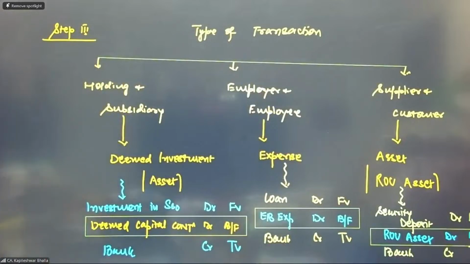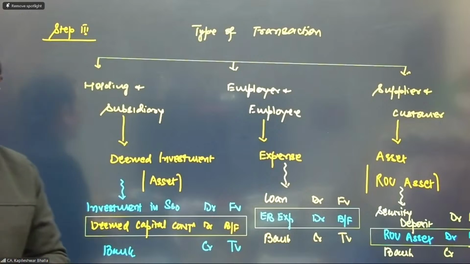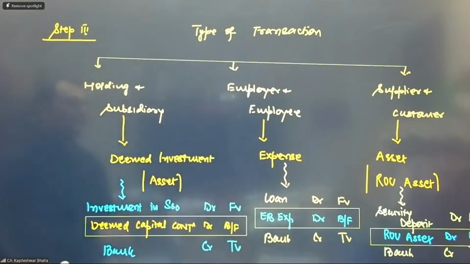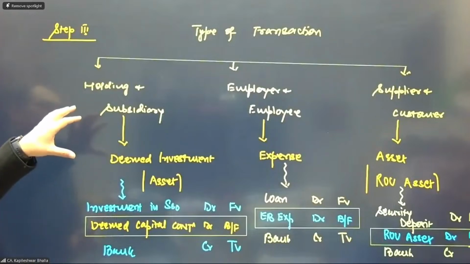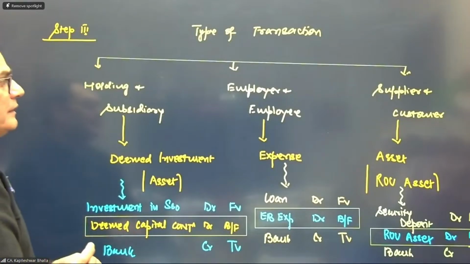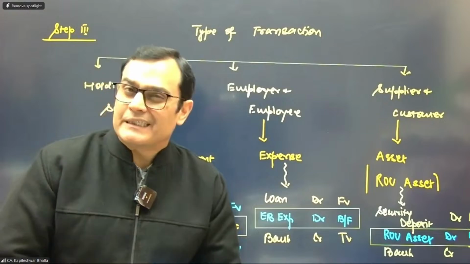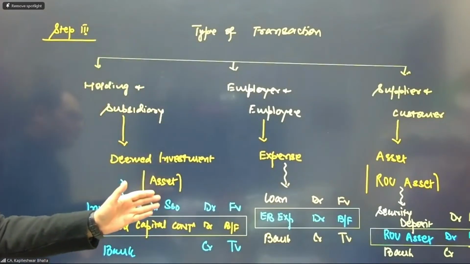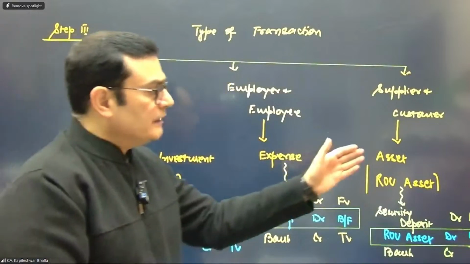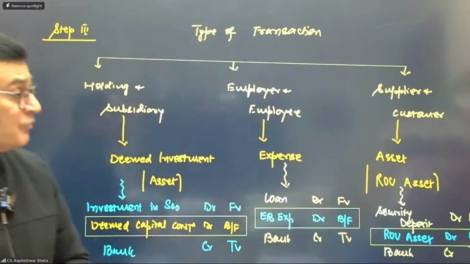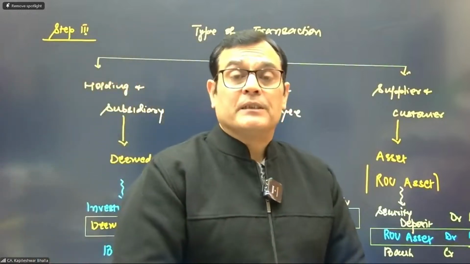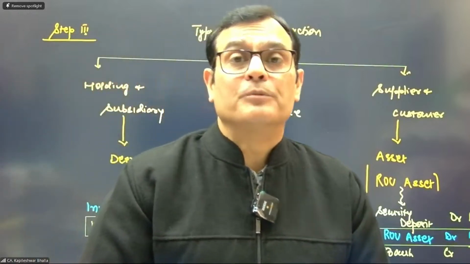So this takes care of the three illustrations I mentioned. If you're looking at unobservable data in calculating the fair value, depending upon the kind of relationship, whether it is parent subsidiary, employer-employee, or supplier-customer, you are going to treat the difference between the fair value and the transaction value separately in each case. So keep in mind that when it is a parent subsidiary relationship, the difference is a deemed capital contribution.